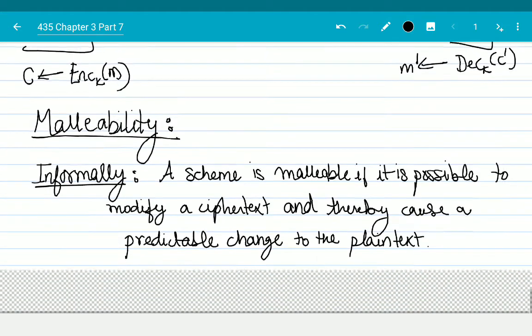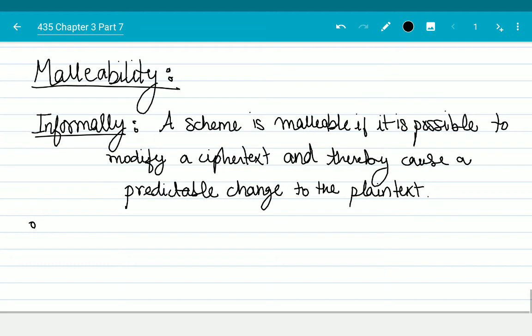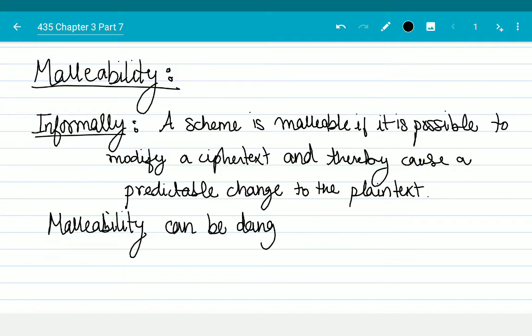And the thing is, we don't want our schemes to be malleable. Malleability can be dangerous.